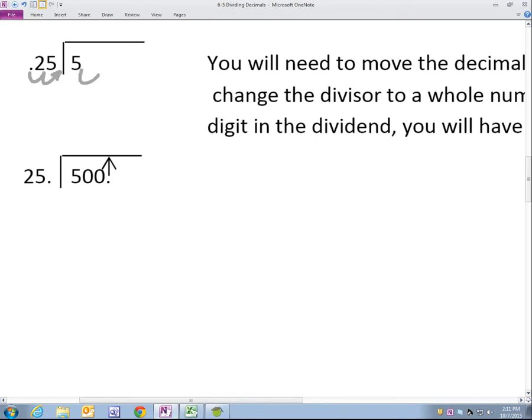This guy would need to go 1, 2, but there's nothing there. So what you would do is add zeros in this spot, and then you're going to put your decimal up there. All right, so you have your decimal right above that second 0.